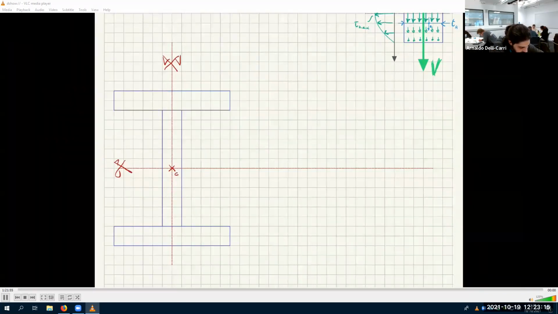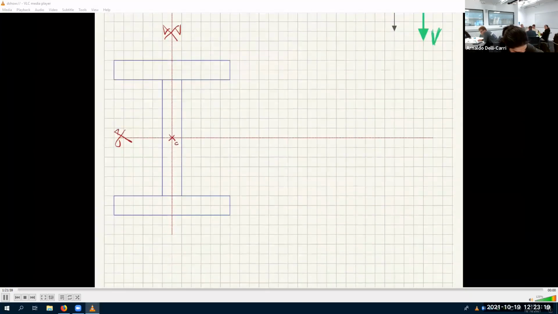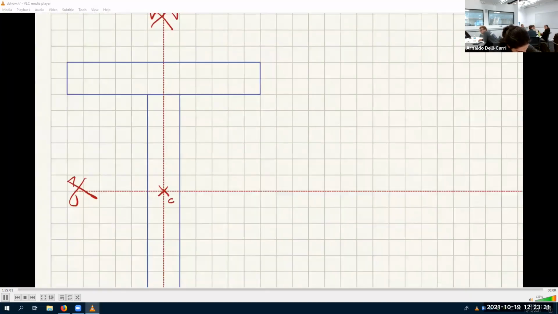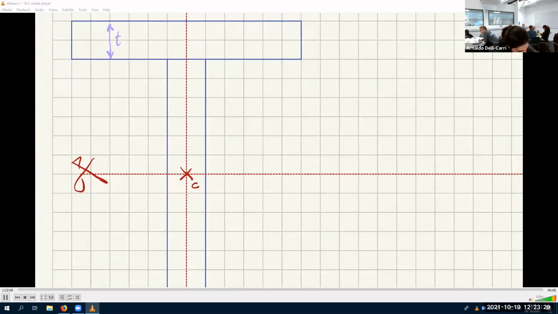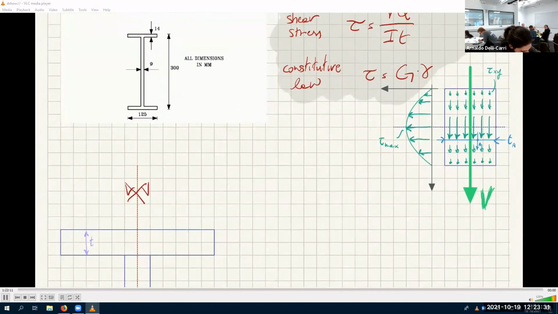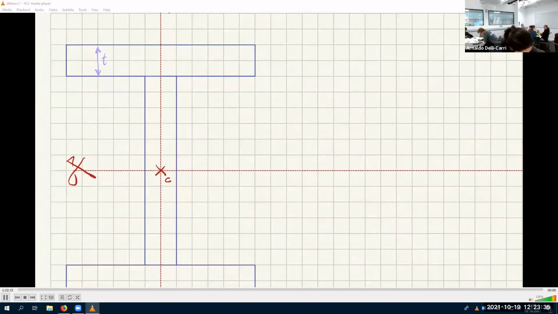What else do we know? We know that this is 14, so the thickness is 14. Let's call this T, which is the same over the entire thing. Oh no, the flange is shorter.